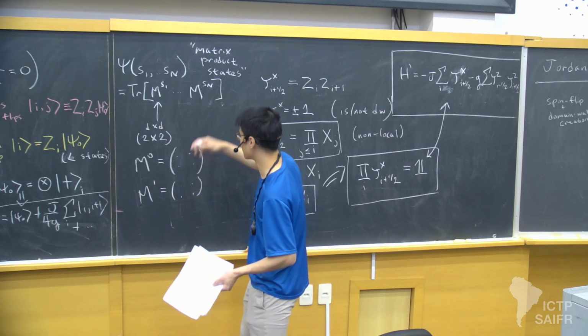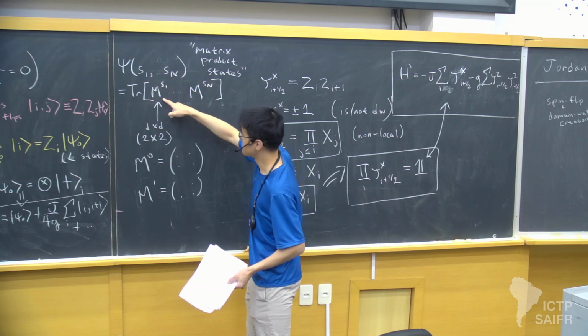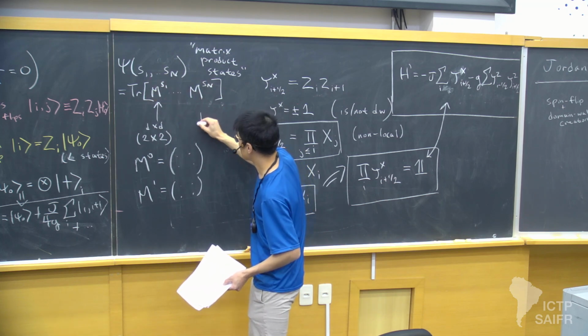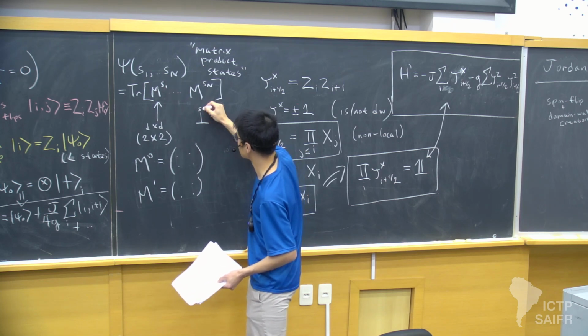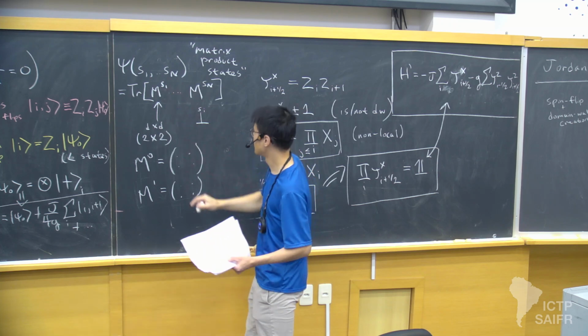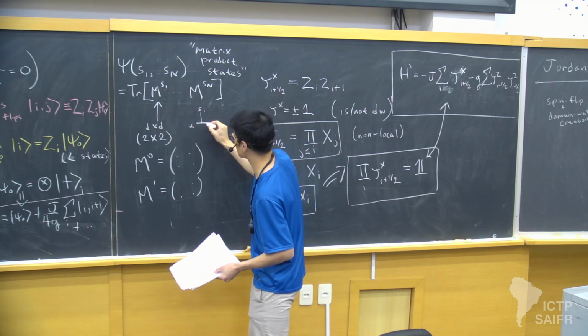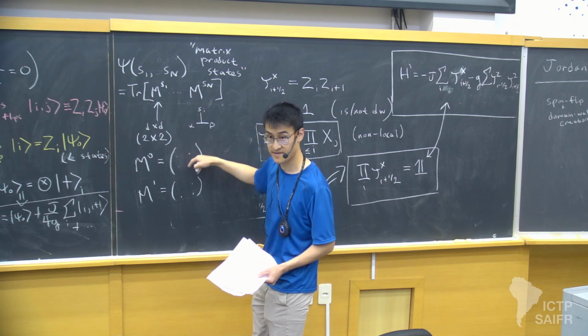So as you can see, if you diagrammatically draw this wave function, then each matrix M has some index corresponding to the physical spin, and it also has two indices corresponding to the two indices of the matrix, right?